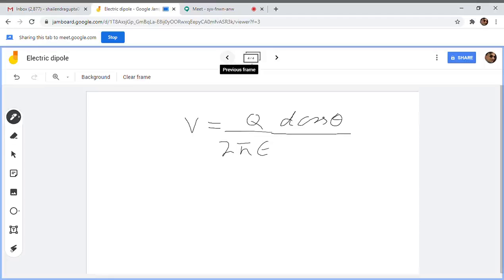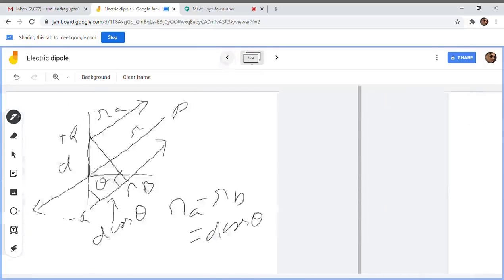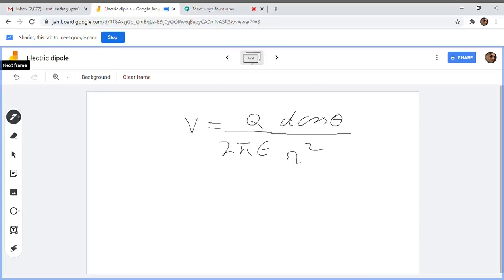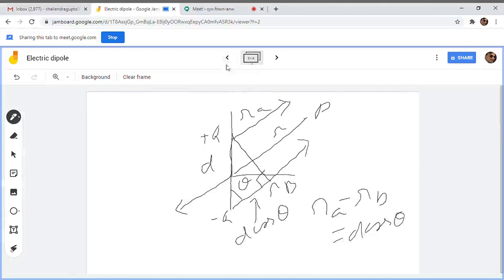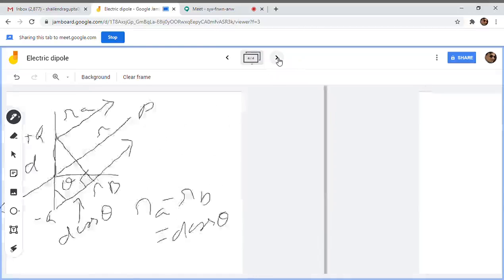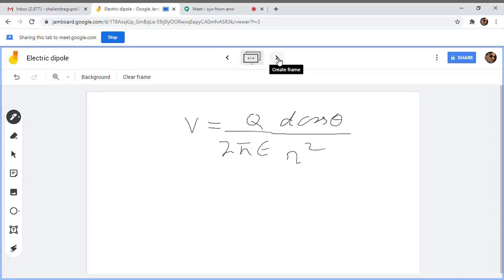Ra will be nearly equal to R, and Rb will also be nearly equal to R. Only a small difference is there. So we will term Ra into Rb as R square. So this is our final voltage potential.